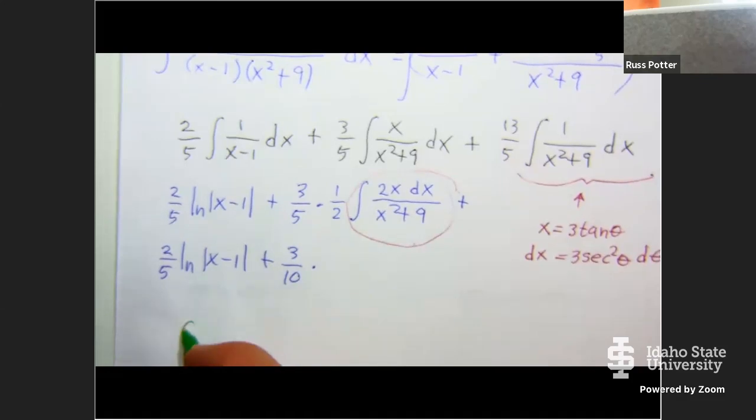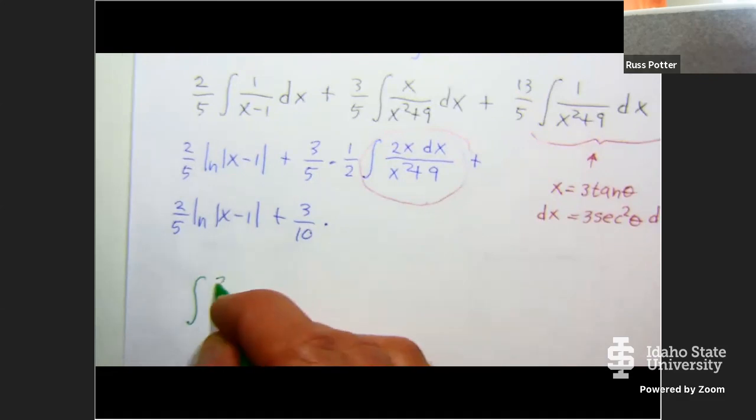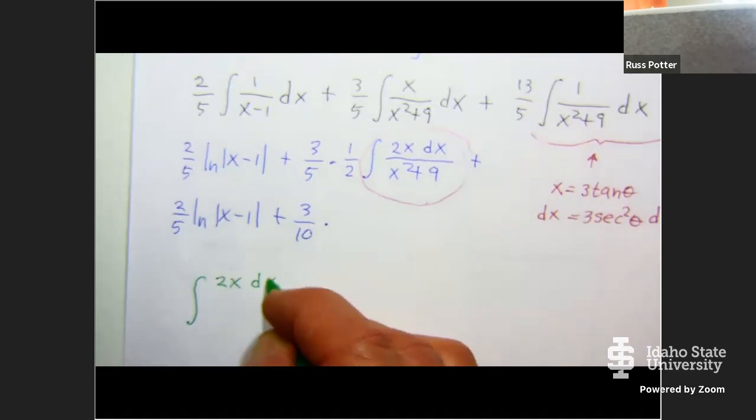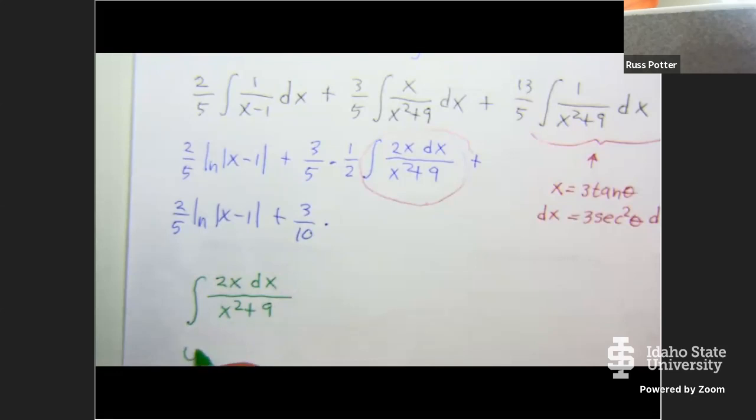Say the indefinite integral of 2x dx over x squared plus 9. So using the substitution rule, if I assign u to be x squared plus 9, then du is 2x dx.